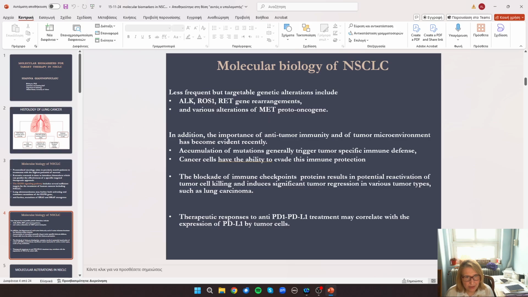Except for targeted therapy, another field is immunotherapy. Accumulation of mutations generally triggers tumor-specific immune defense, but cancer cells have the ability to evade this immune protection by overexpressing some specific proteins.